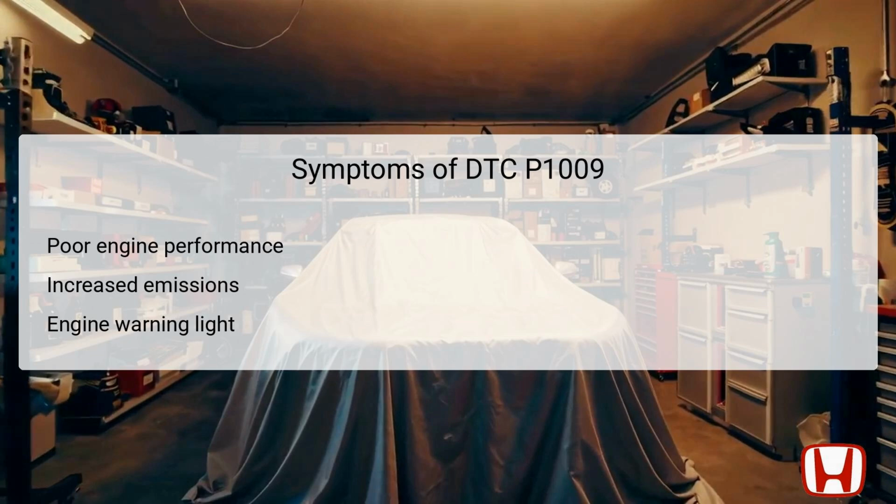This potential rise in emissions can trigger the check engine light to illuminate, indicating that the vehicle's onboard diagnostic system has detected an anomaly. Inconsistent engine operation may also surface, particularly during changes in speed or load, making it crucial to address the issue promptly.